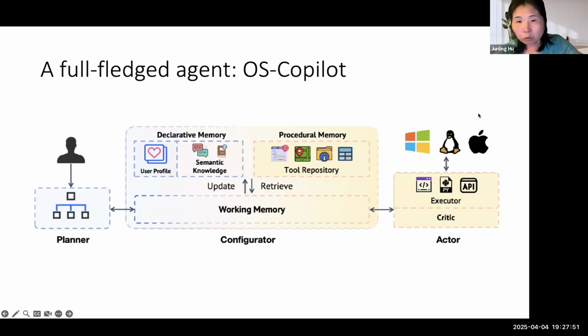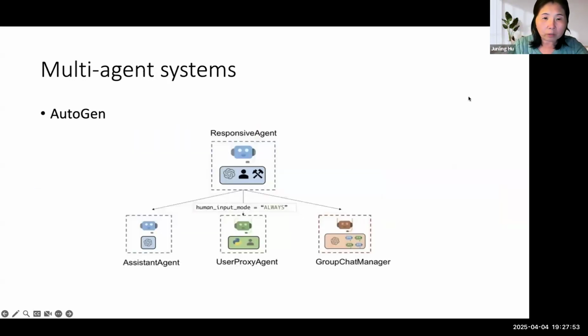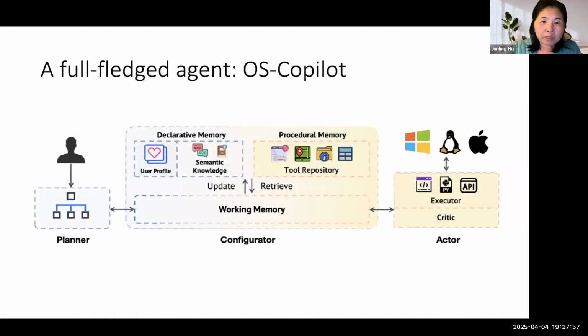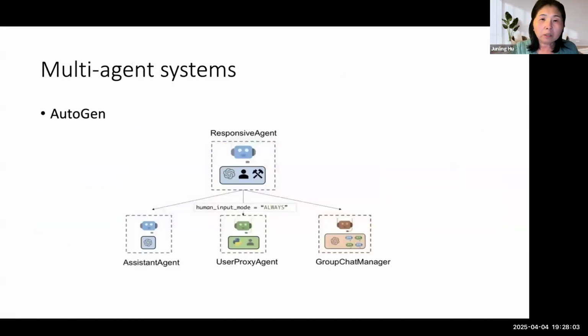I will get into, let me see, I have one more slide. Okay, I have two more slides. So besides this, a full-fledged agent has all these components. Each agent does a certain task and can become very complex.